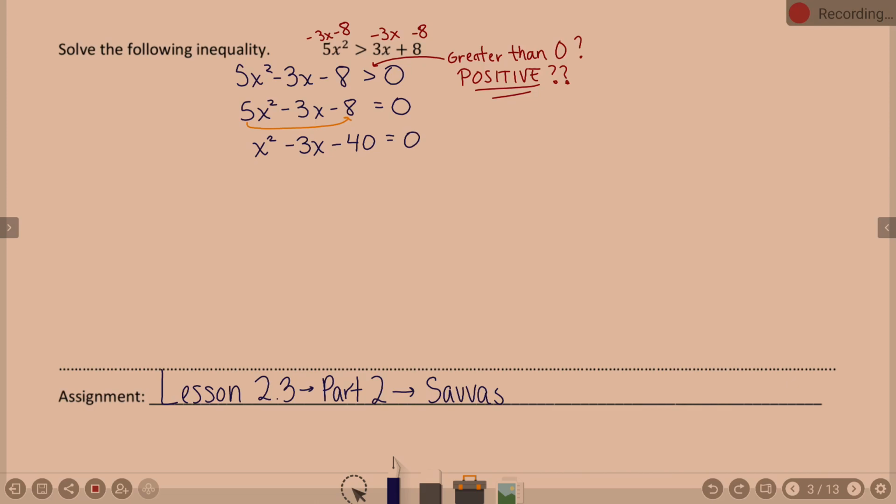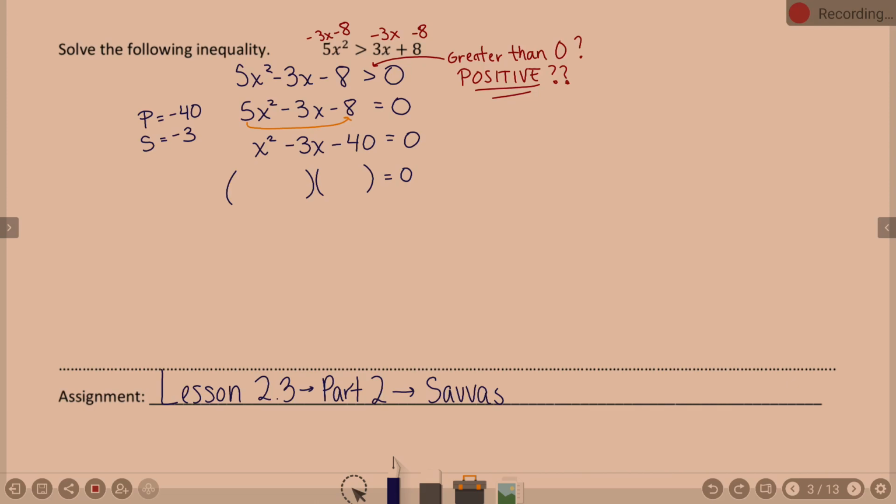So now I need a product of negative 40, a sum of negative 3. What do you know? 8 and 5?